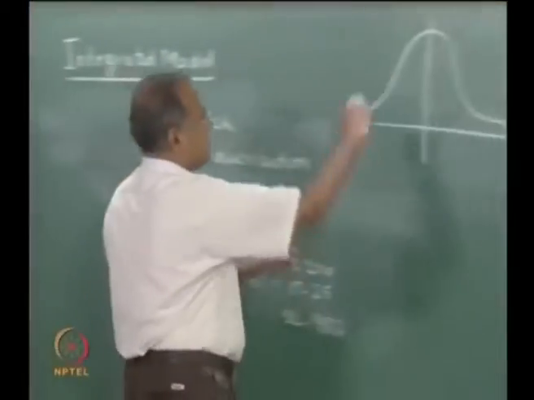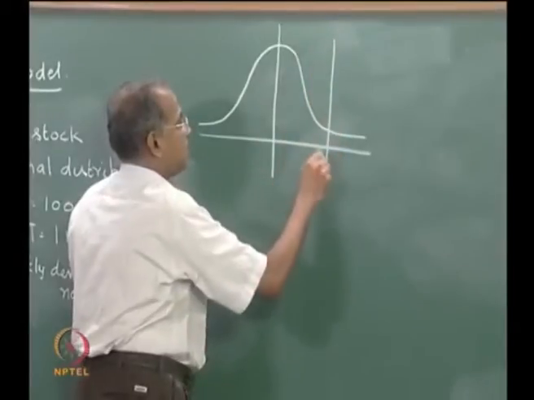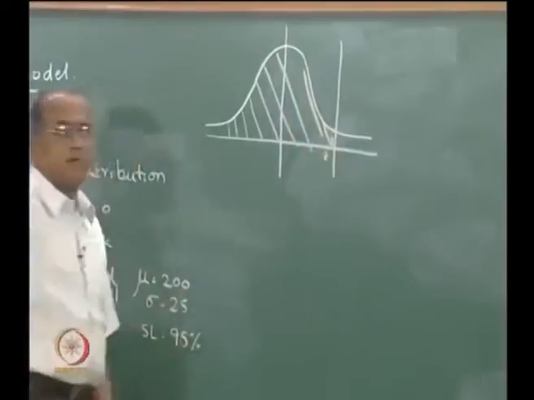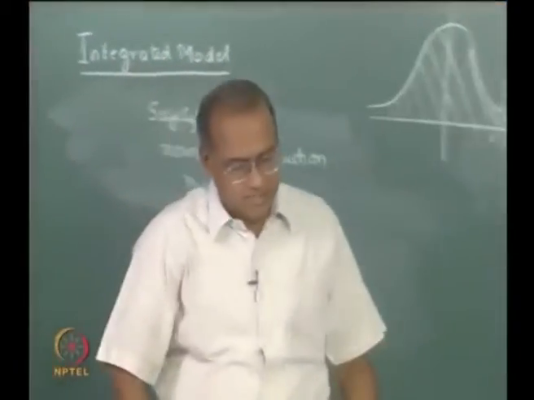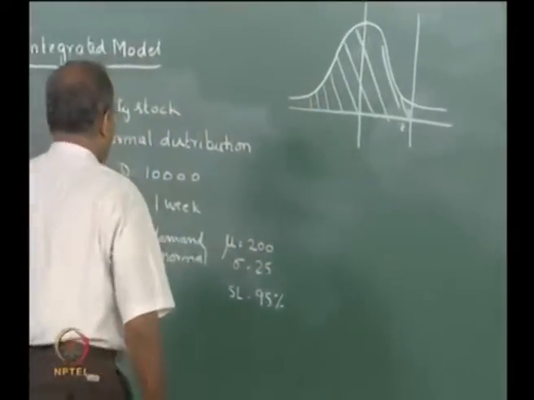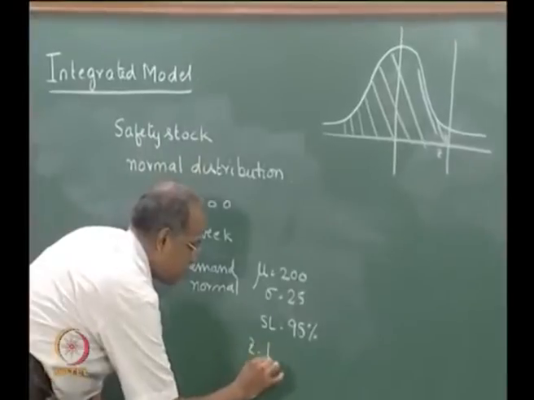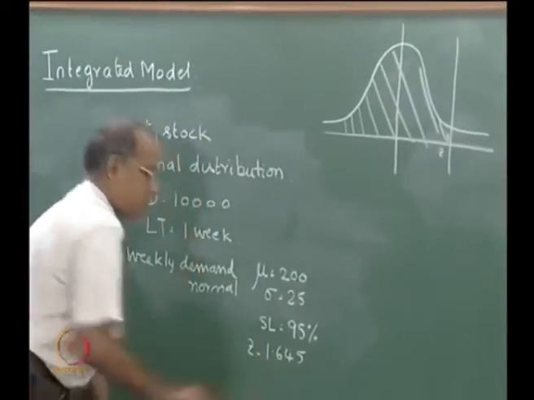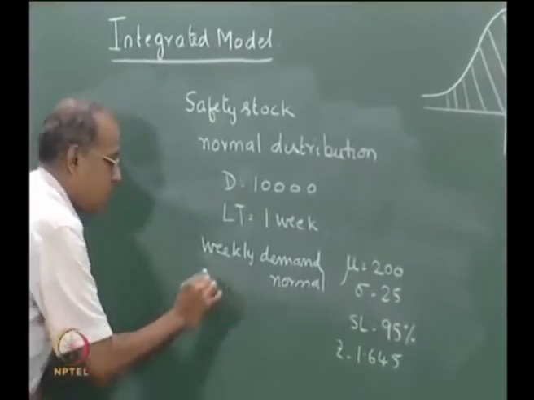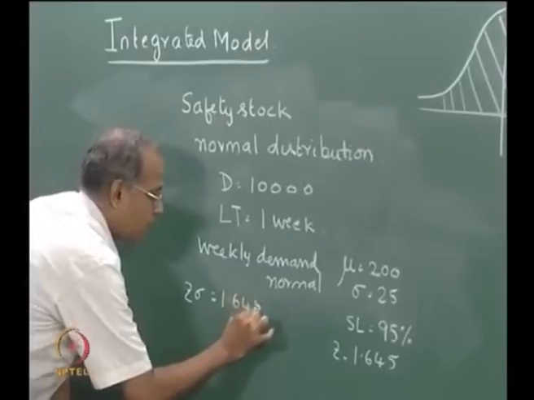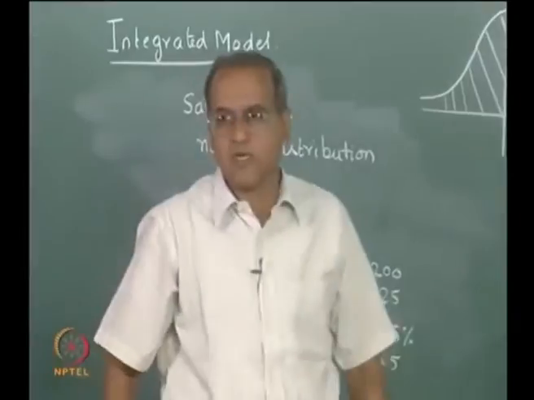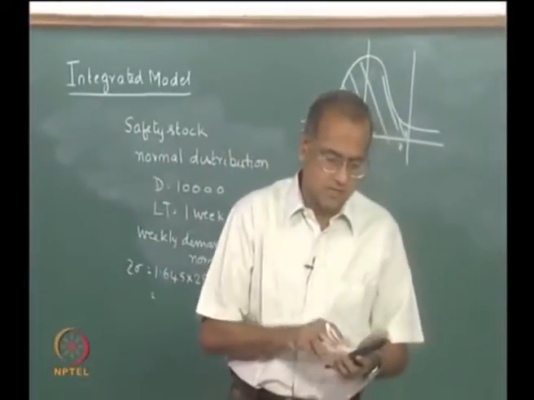What we did was we went to the normal distribution and found the z value at which the area was 0.95, which happened to be z equal to 1.645. And then we said z sigma is the safety stock. So, 1.645 into 25 would give us about 40 units as the safety stock.